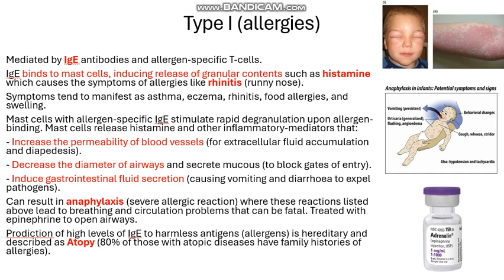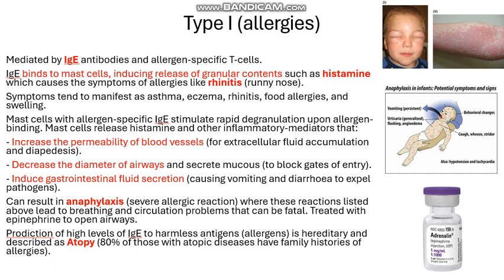So mast cells with allergen-specific immunoglobulin E stimulate rapid degranulation upon allergen binding. Mast cells release histamine and other inflammatory mediators that increase the permeability of blood vessels to allow for extracellular fluid accumulation and diapedesis of leukocytes. They also decrease the diameter of airways and secrete mucus to block gates of entry.